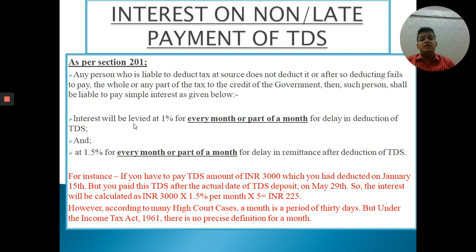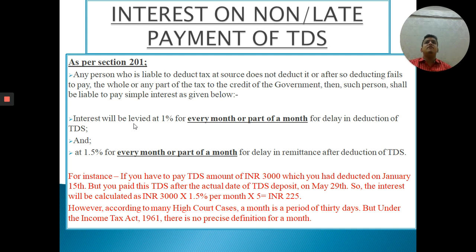any person who is liable to deduct TDS does not deduct it, or after deducting so, there are two cases. Either he doesn't deduct the TDS amount, or after deduction of the said amount fails to deposit it in the government treasury, or say the government account, then such person is liable to pay interest in the following cases.